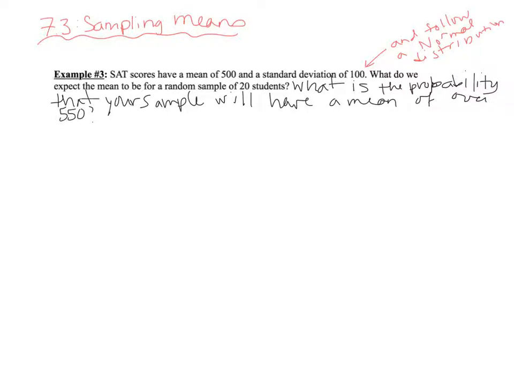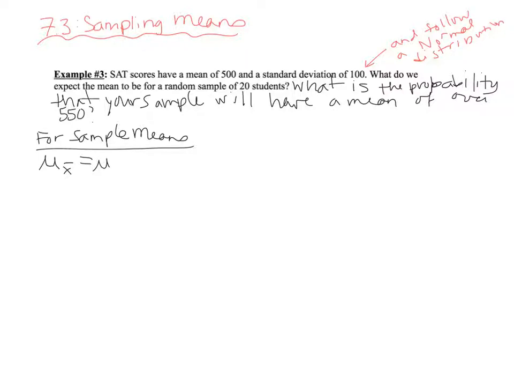Okay, so I'm going to give you a few things about sampling means. The first thing, for sampling means, is that our sampling distribution mean, which I denote with mu and a subscript of x bar, is going to be equal to your population mean.